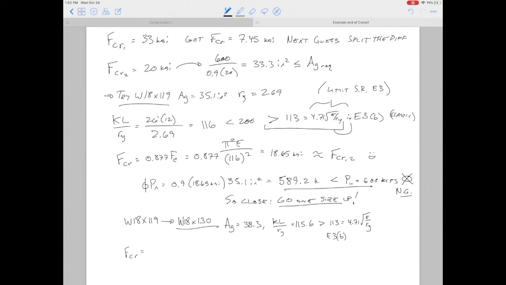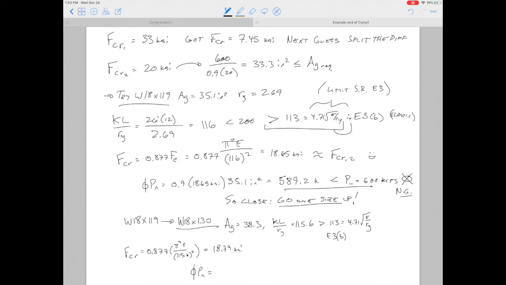F critical is equal to 0.877 times pi squared E over 115.6 squared. And I should get 18.79 KSI.